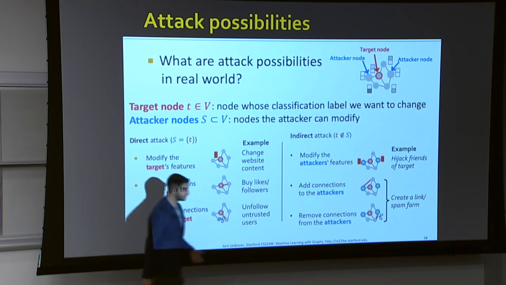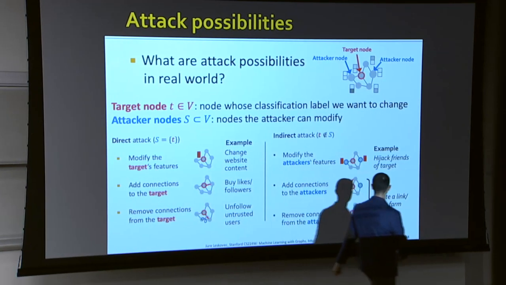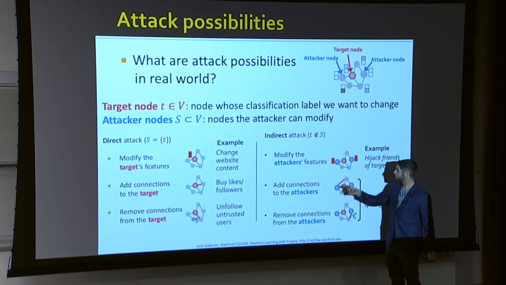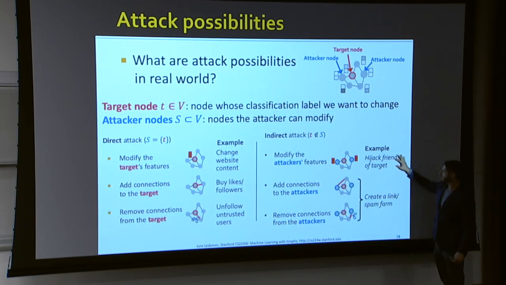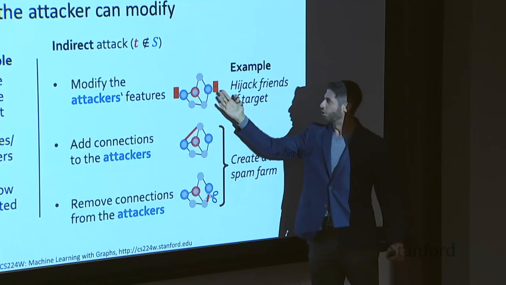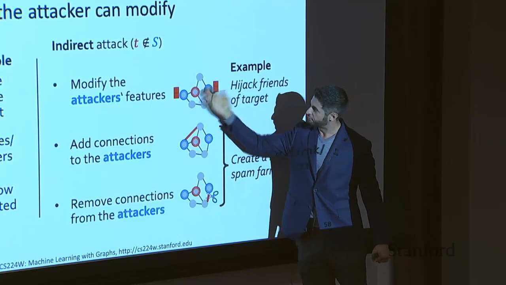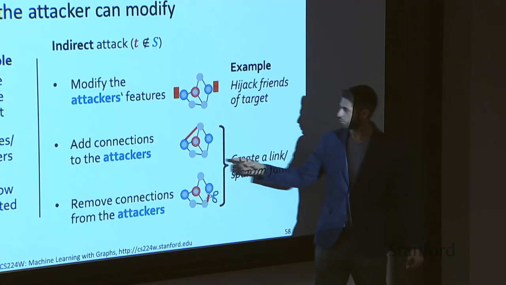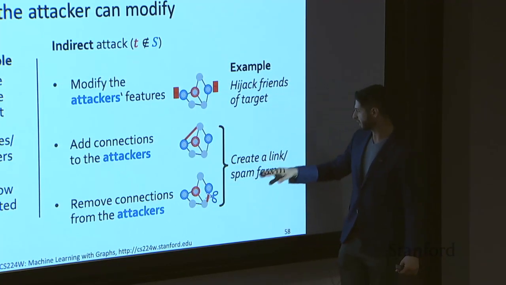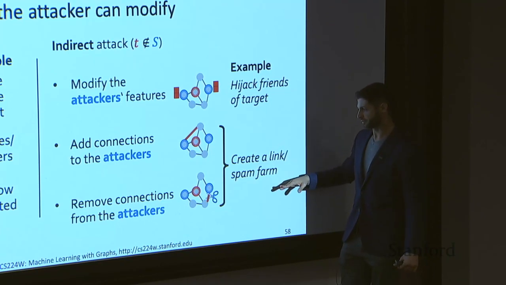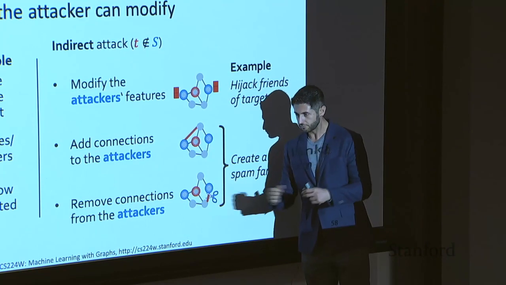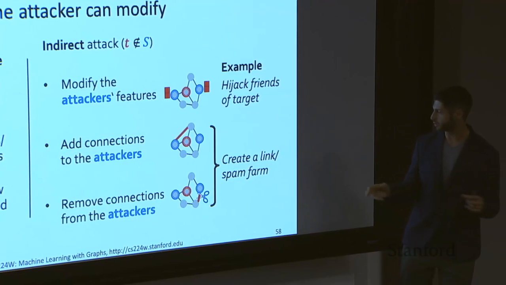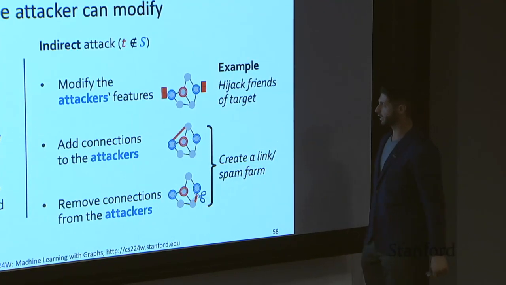The indirect ones instead come from our attacker nodes. For example, we can try to change the attacker's features, or we actually follow our target node and then change our own features. Similarly, we can add connections to the attacker by creating a link or a spam farm. These are the different knobs that we can tune. We can add and remove edges, and we can change features.